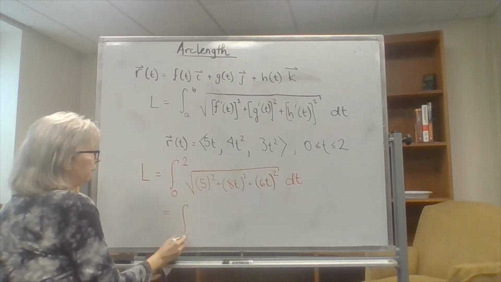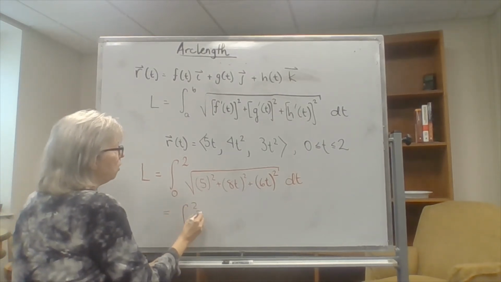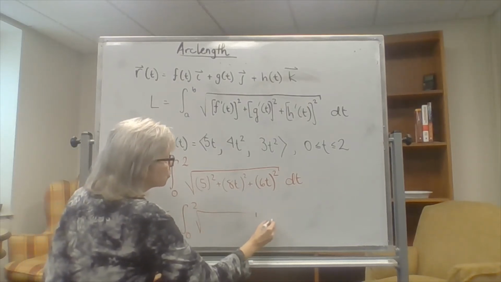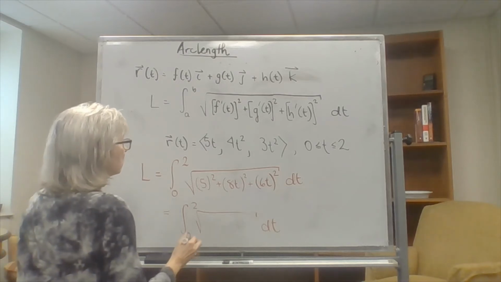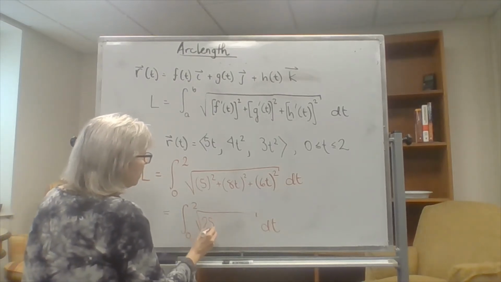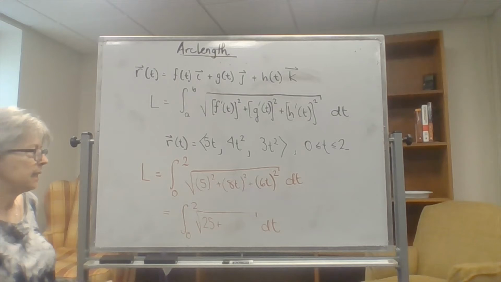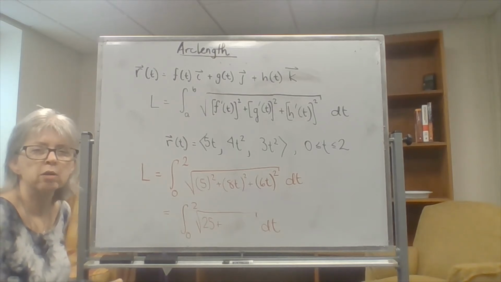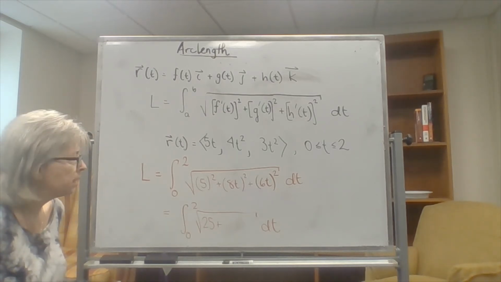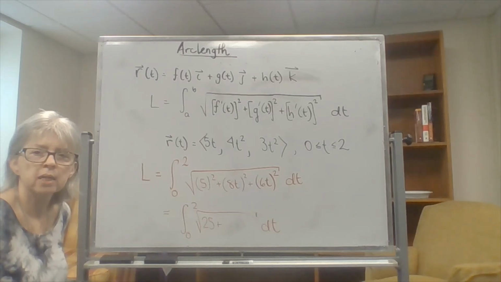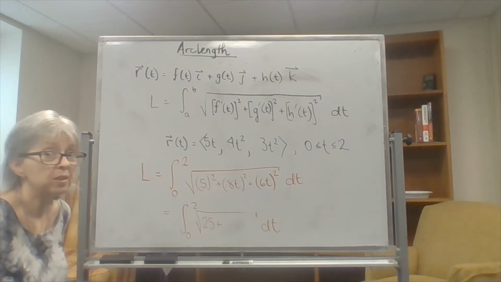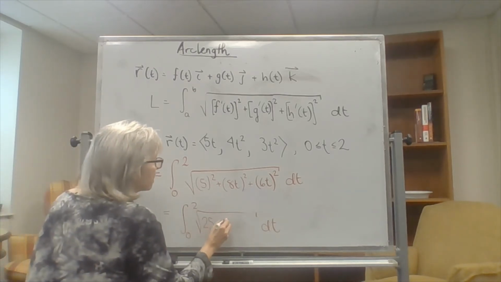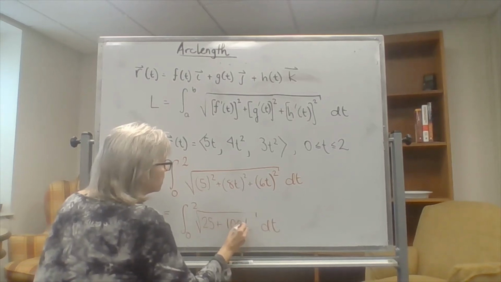And then clean it up, because you always want to clean up your integrals before you decide how in the heck am I going to evaluate said integral. All right, that's 25 plus, 8 squared is 64, 6 squared is 36. 64t squared plus 36t squared is 100t squared.